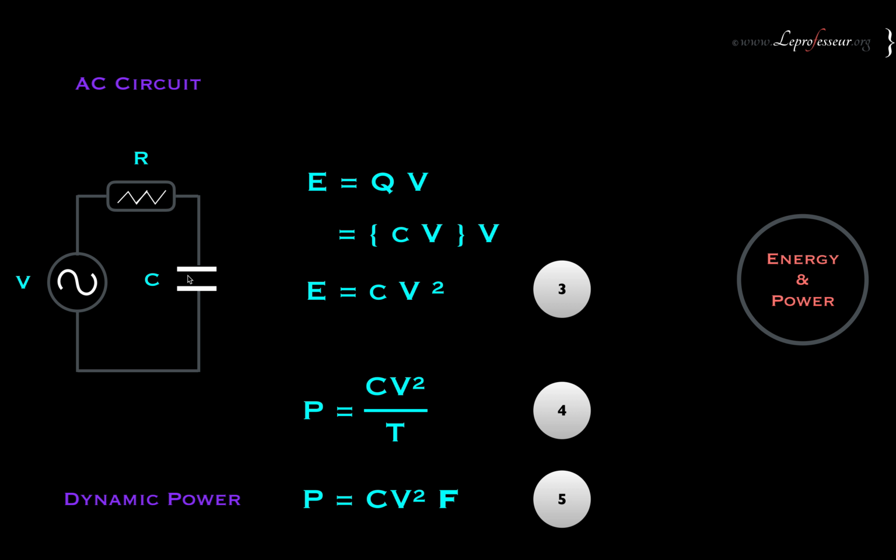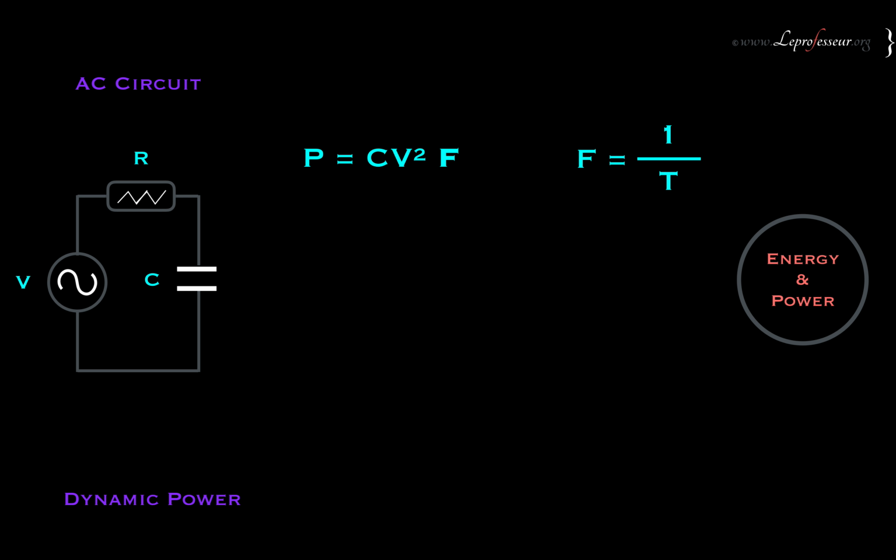So that would be 1 unit, but let's say we can call it over multiple such units, so that is represented by T. We already know that P equals C V square F. F is nothing but the inverse of T.